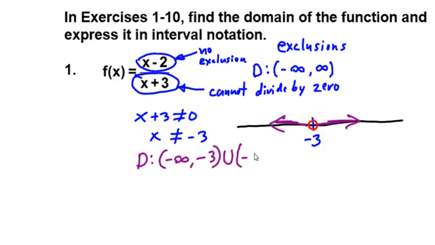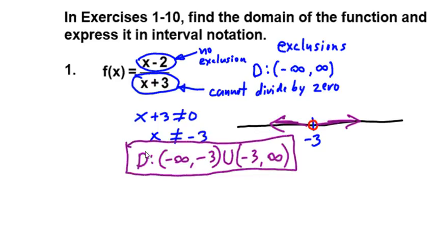Then we pick up greater than negative 3 all the way up to less than infinity. So that's going to be our domain of this function based on this exclusion. So it's like a long rope that's cut in one place at exactly negative 3.